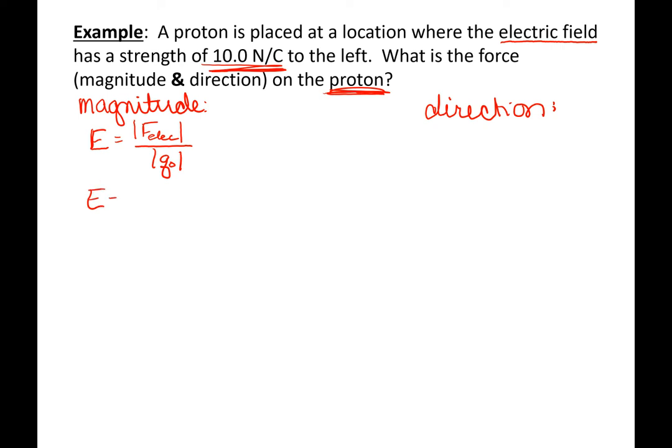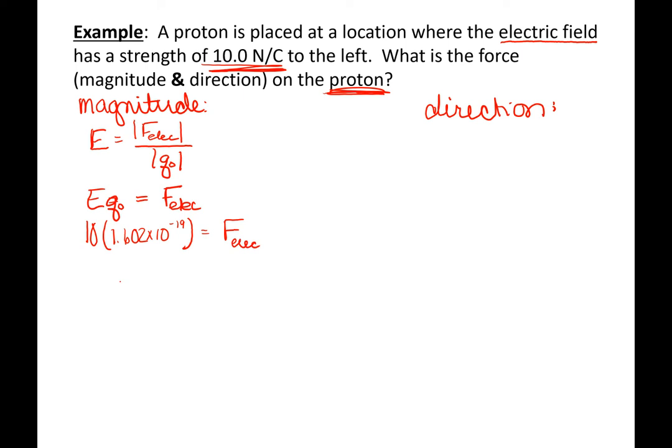So E times Q naught, I should say, would equal the electric force. I'm being a little bit lazy with my absolute values because I'm only going to be plugging in positive values anyway. So that means I've got 10 times the charge of a proton, which is 1.602 times 10 to the negative 19th, and you can find that on the back of your equation sheet, which would be the electric force.